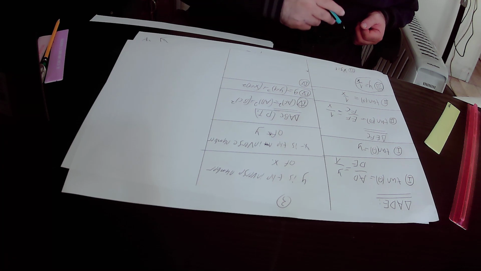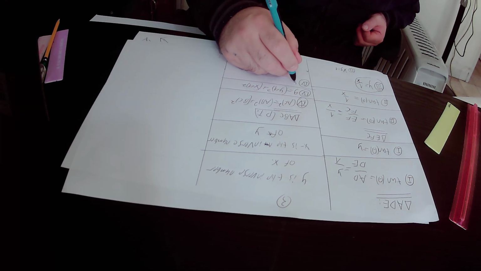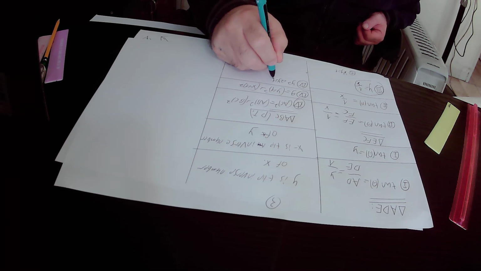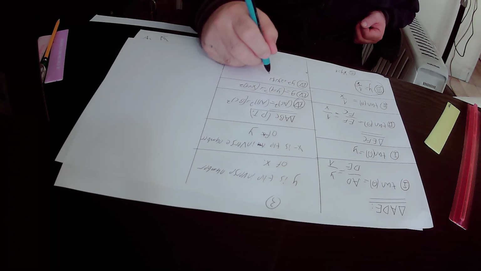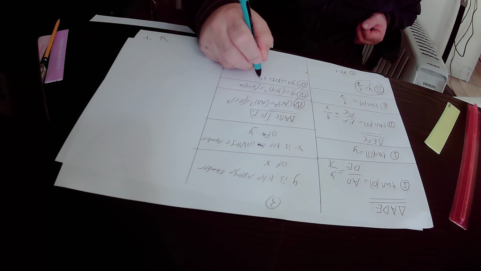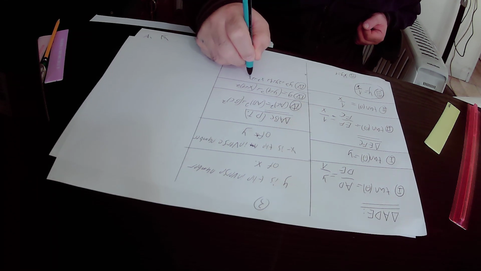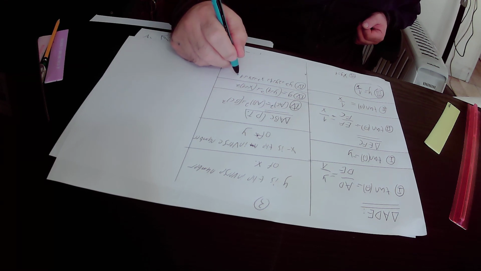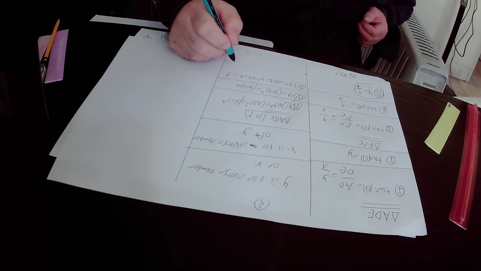(y plus 1) squared is y squared plus 2y plus 1, plus (x plus 1) squared is x squared plus 2x plus 1, and it equals 9.